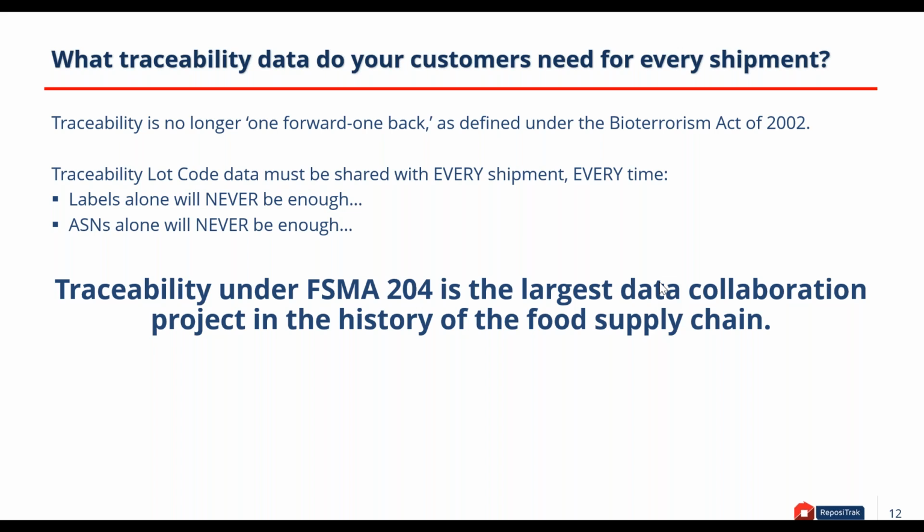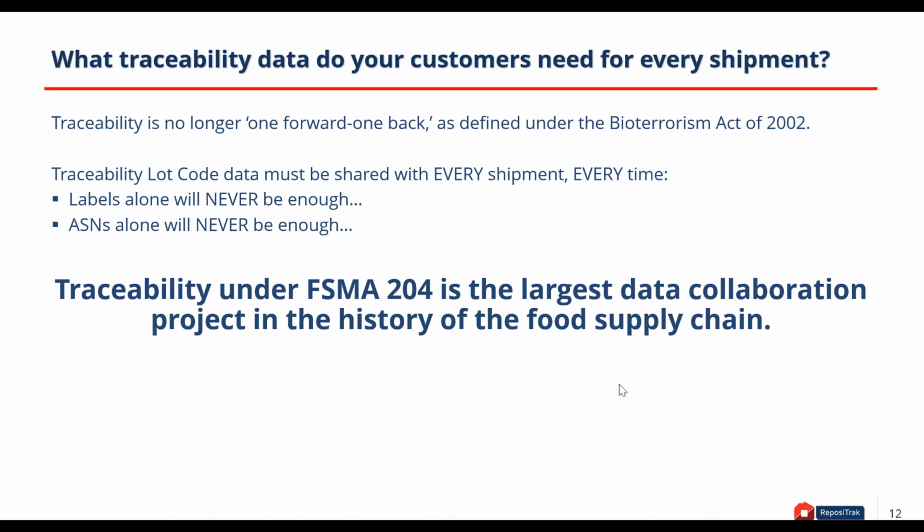So if anybody asked, you could say, yep, I can tell you where I bought it from and who I shipped it to. Under FSMA 204, that doesn't work. You're going to have to share information. The lot code information and the related KDEs have to move between the trading partners as the product moves between the trading partners. It's a handoff. I have a slide on it later that demonstrates it like a handoff.